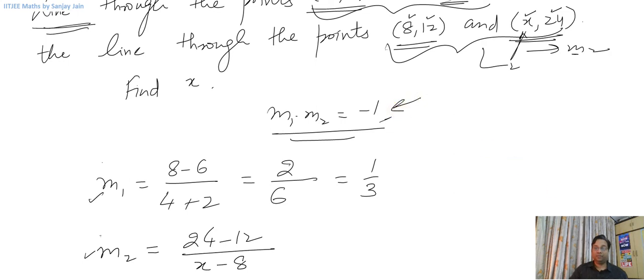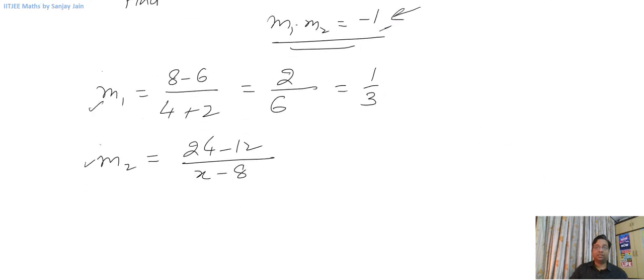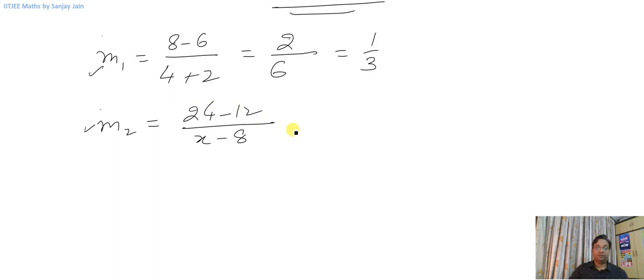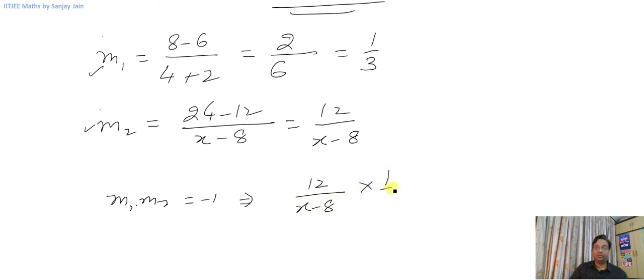So let me put their product equal to negative 1. 24 minus 12 is 12, 12 divided by x minus 8. So m1 into m2 is equal to negative 1, which implies 12 by x minus 8 into 1 by 3 will be equal to minus 1.